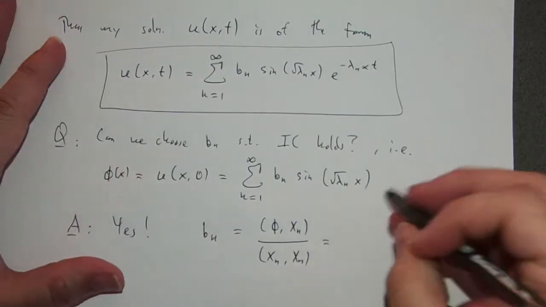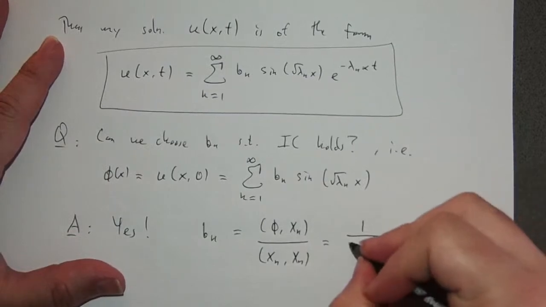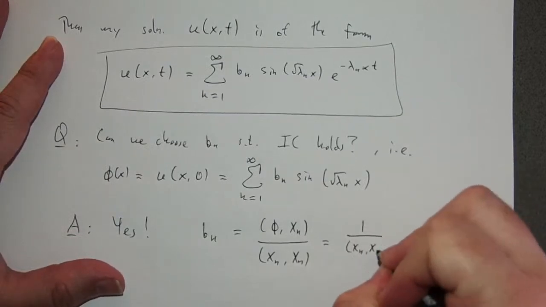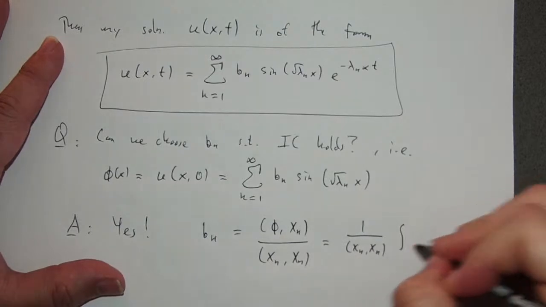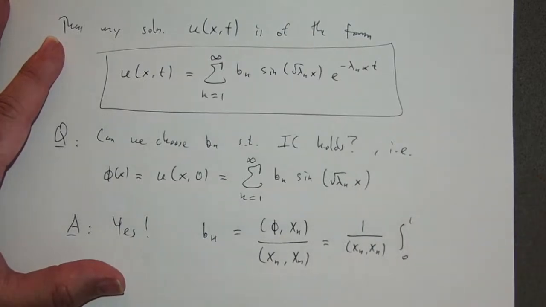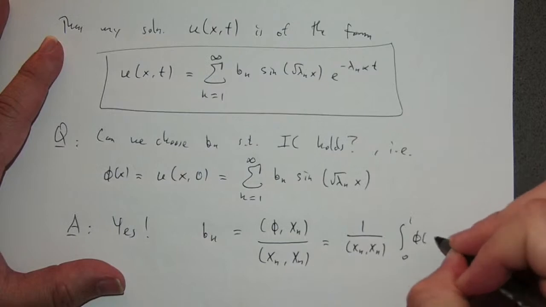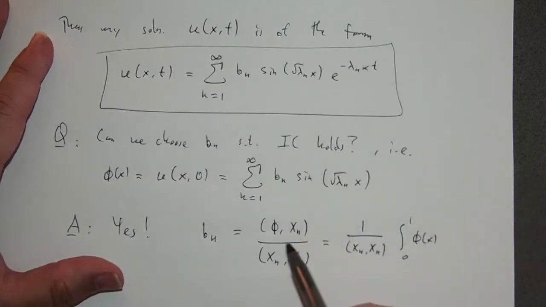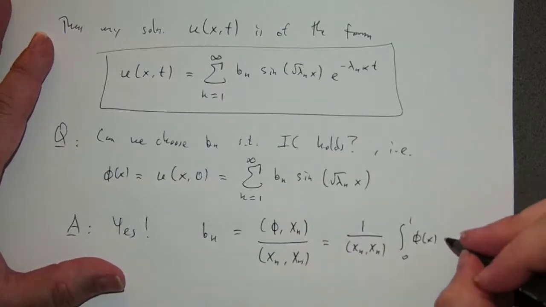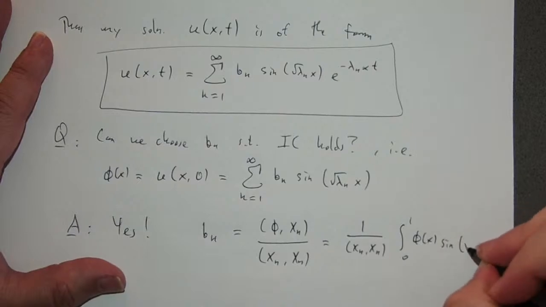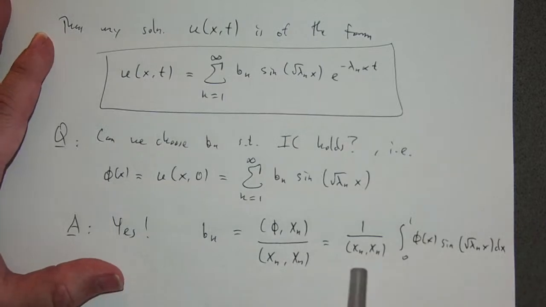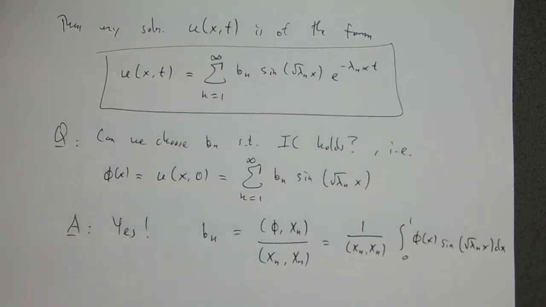This is 1 over x sub n paired with itself times the integral from 0 to 1 of phi of x times x sub n, so this is sine of square root of lambda n x dx. What is x sub n paired with itself?